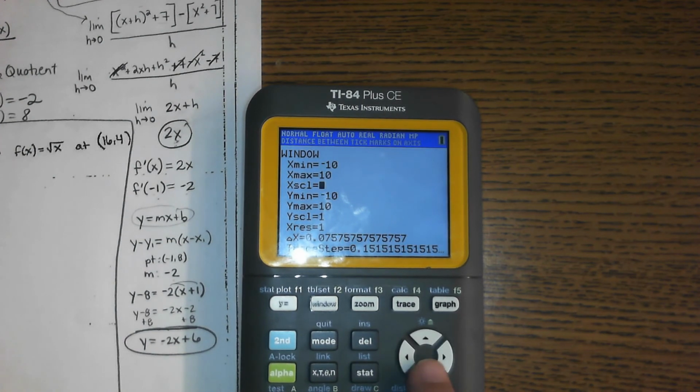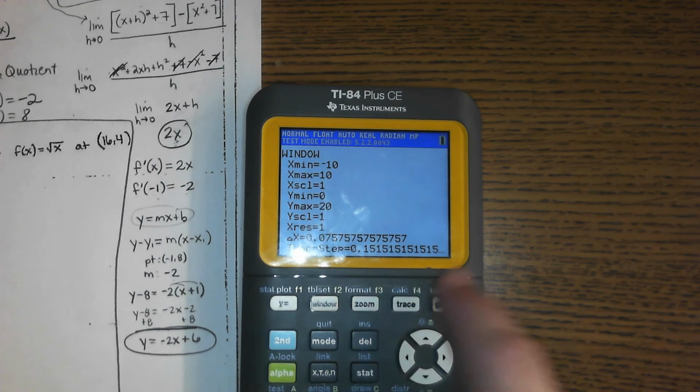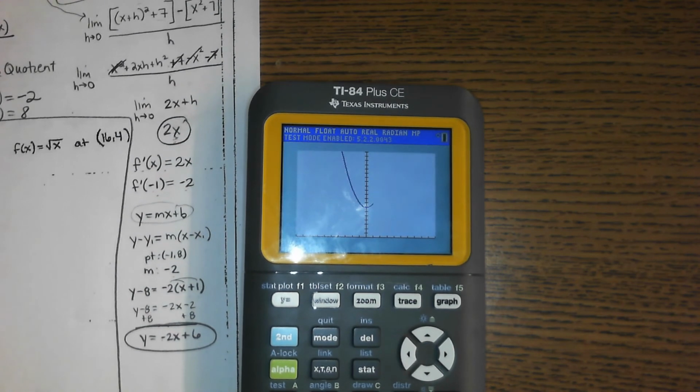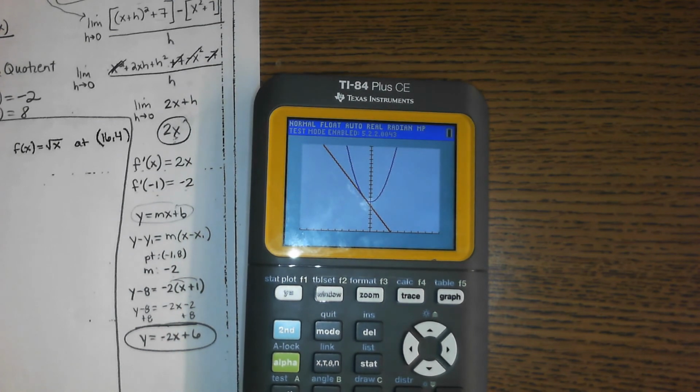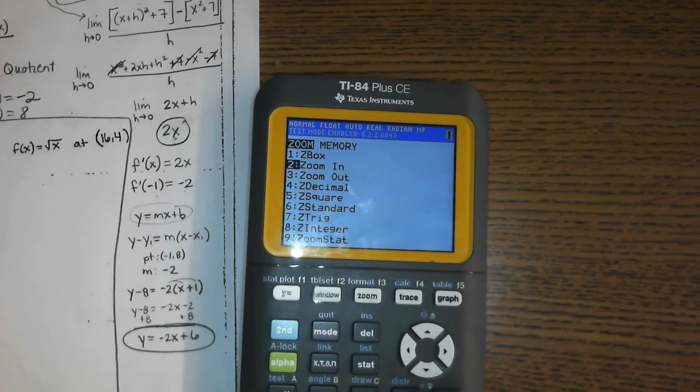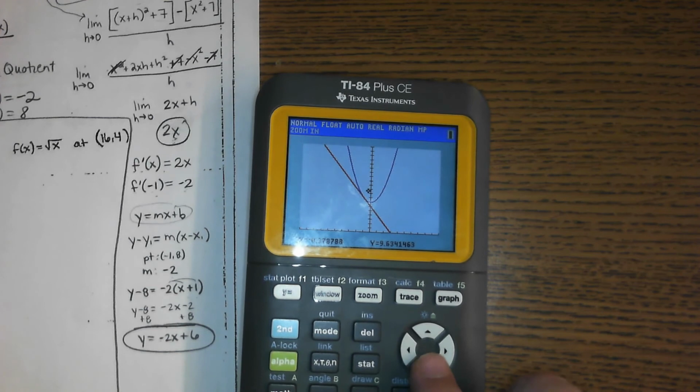I want 0 to 20 on my y-axis. And then we'll get a little bit of a better look at that tangent line. Right? You can kind of see that it's only hitting it once. If you're in doubt, you can zoom in, and you can bring your cursor right over to approximately (-1, 8).